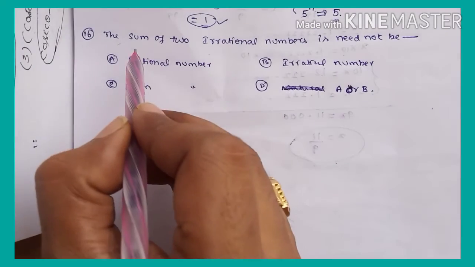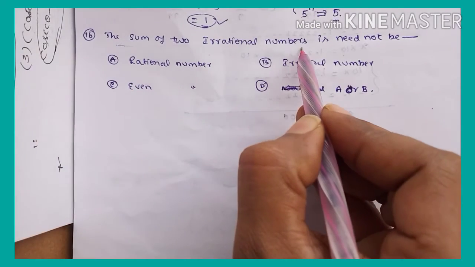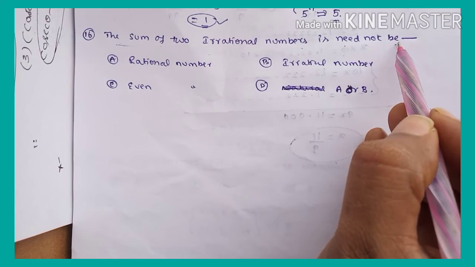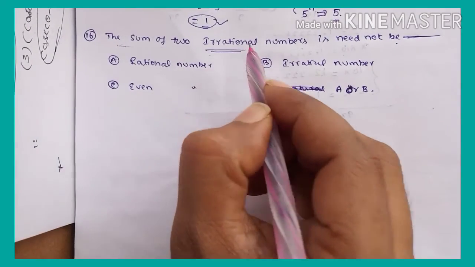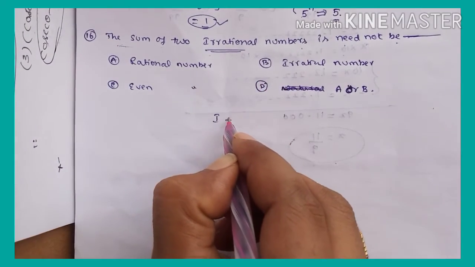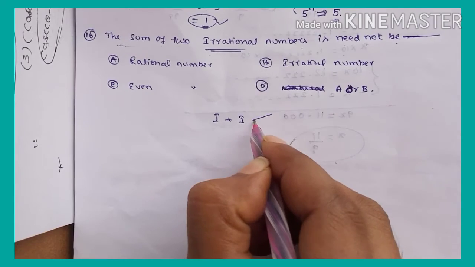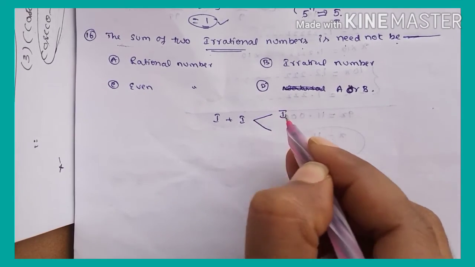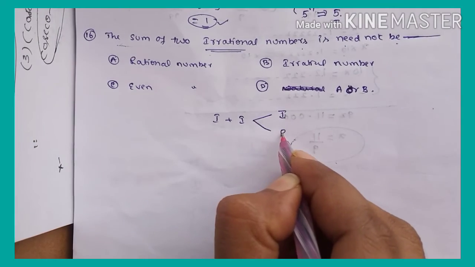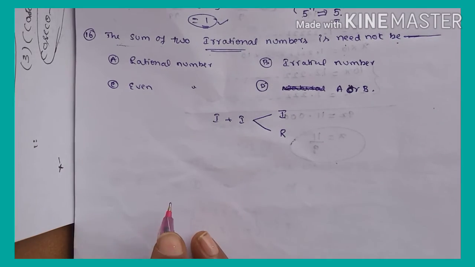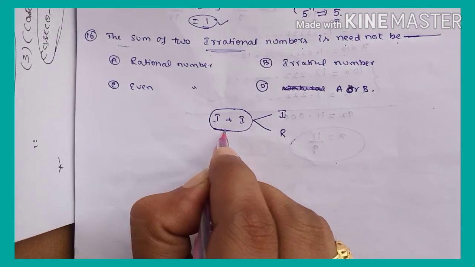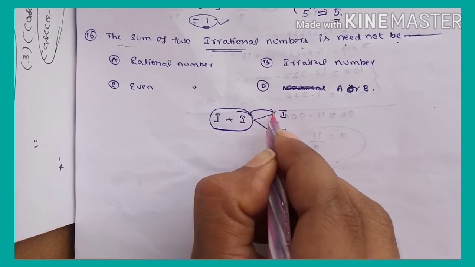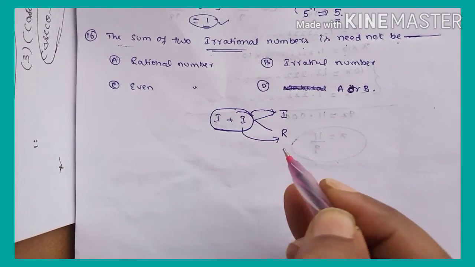Now the problem is: the sum of two irrational numbers need not be dash. As per our previous discussion, the sum of irrational plus irrational numbers sometimes gives an irrational result, sometimes it gives a rational result also. In such a case we can say that the sum of two irrational numbers need not be irrational or need not be rational.